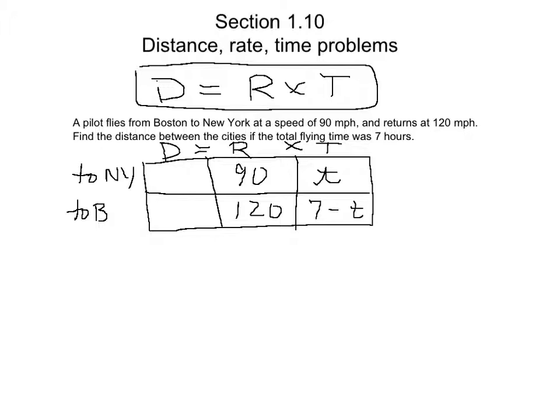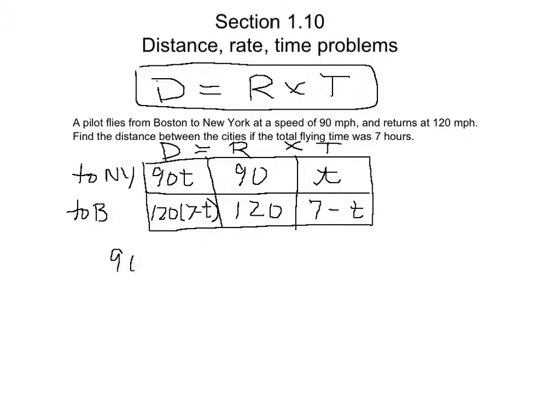So therefore we know now that distance is rate times time. So this is 90t, and this is 120 times 7 minus t. And now we have to think about where we get an equation from. If you think about these two distances, well, they've got to be the same. One is going from New York to Boston, the other is going from Boston to New York, but the distances are the same.